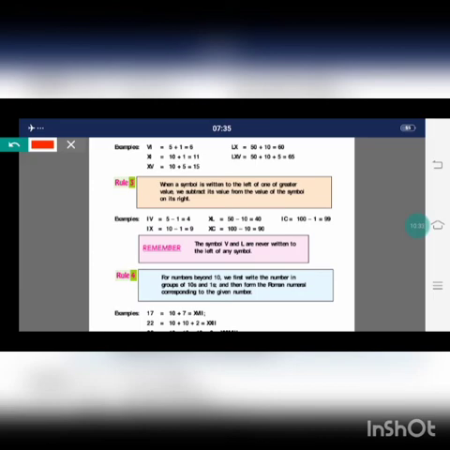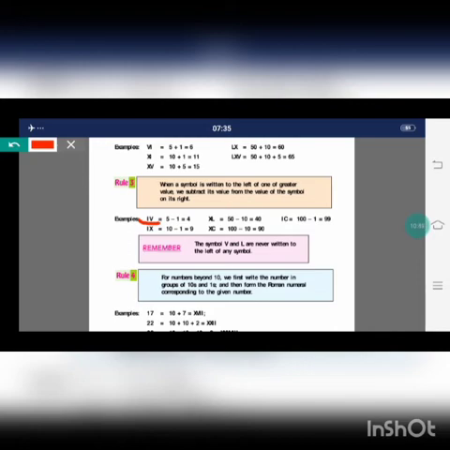If you are writing IV, so you know the value of V is 5. V is greater number. I means 1, V means 5.